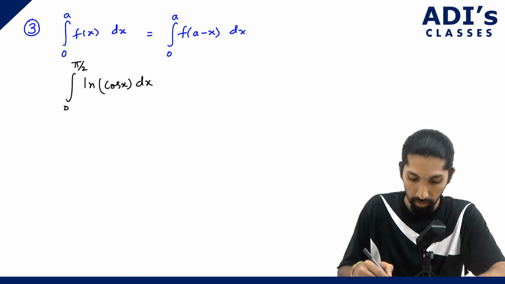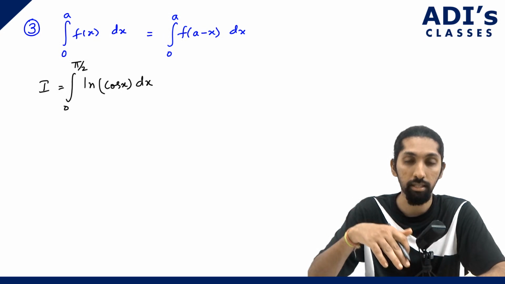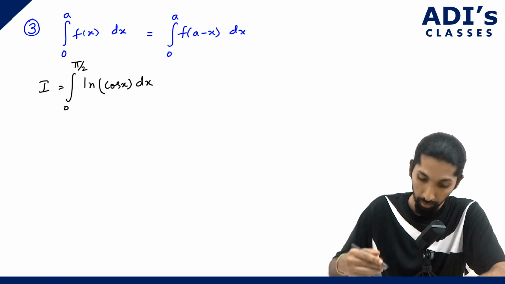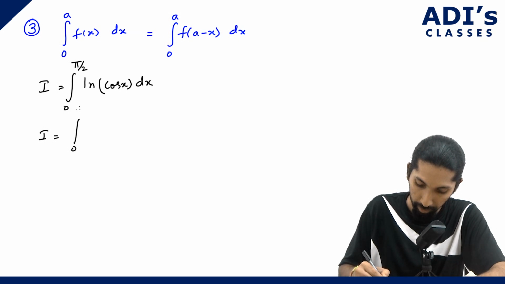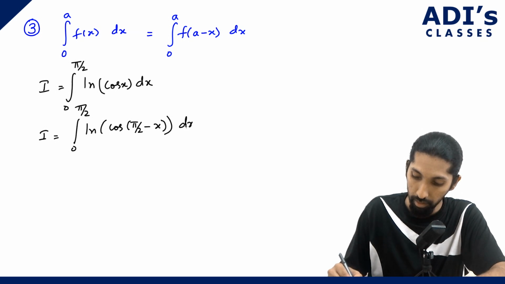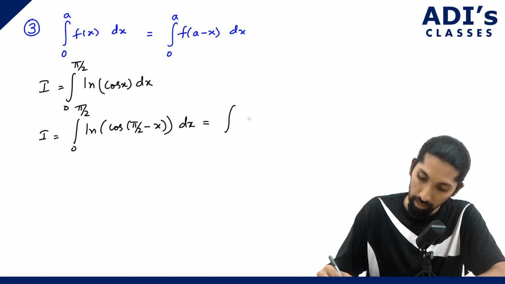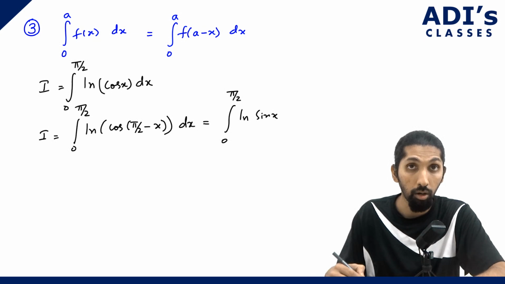Let's call this I. Now we apply a minus x, that is property 3. So I is also equal to integral from 0 to pi by 2 log of cos of pi by 2 minus x, which becomes integral of log of sin x.